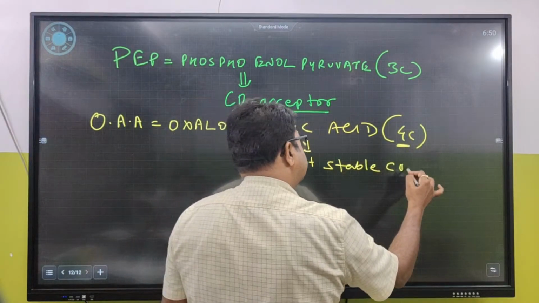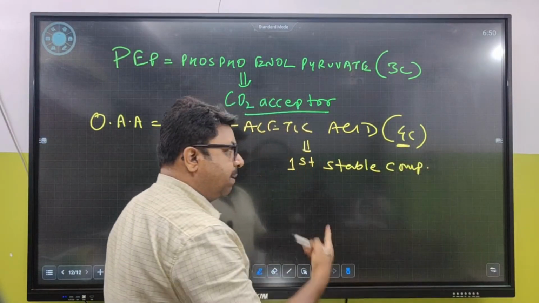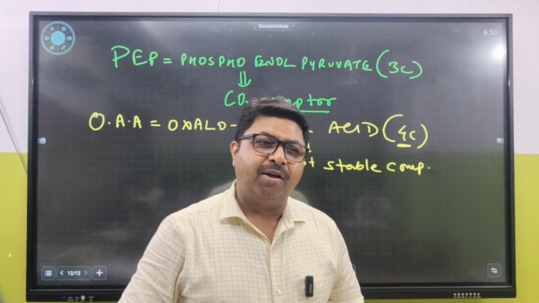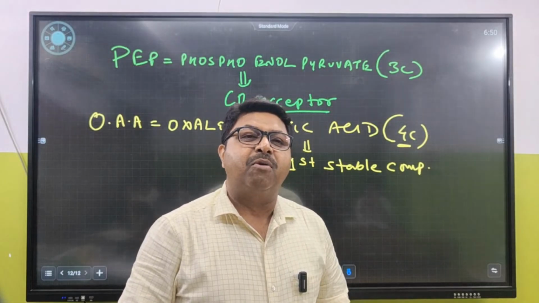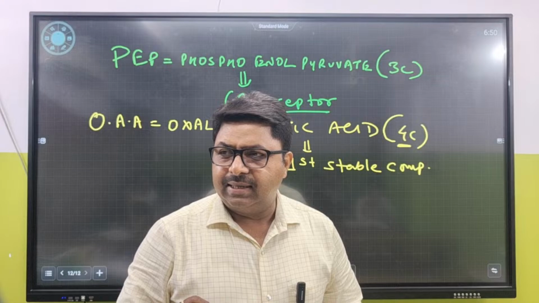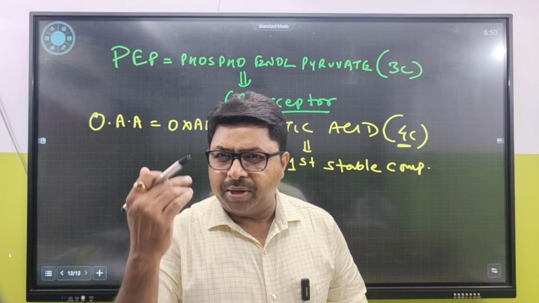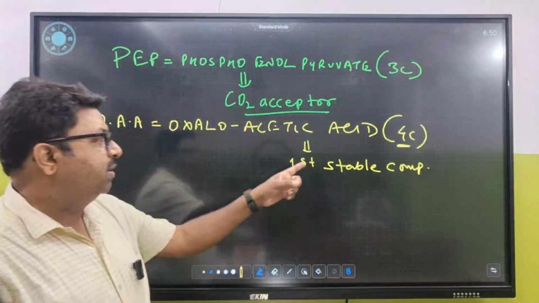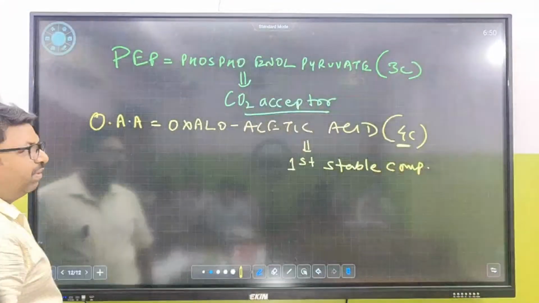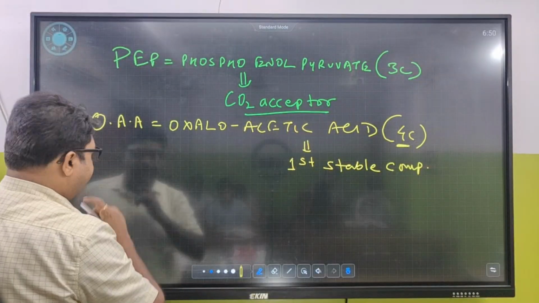What kind of cycle would you call it? C4. What was the first stable compound before? A 3-carbon compound, PGA, phosphoglyceric acid, and that's why it was called a 3-carbon compound. Now it's a 4-carbon compound called the first stable compound. Any difficulty understanding? Great. Now this first stable compound is called oxaloacetic acid.